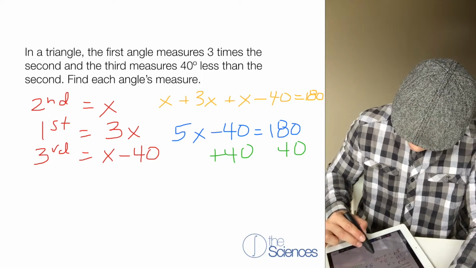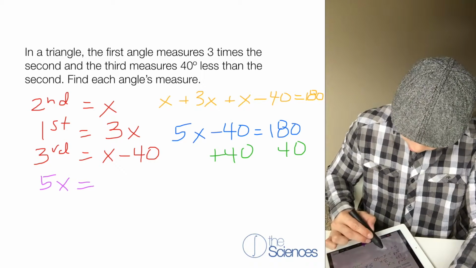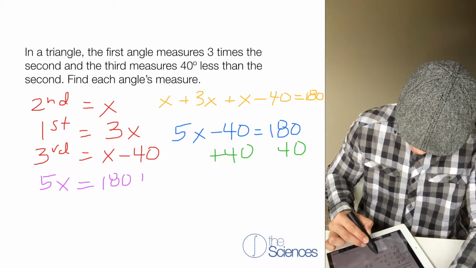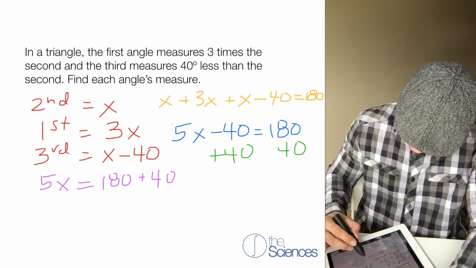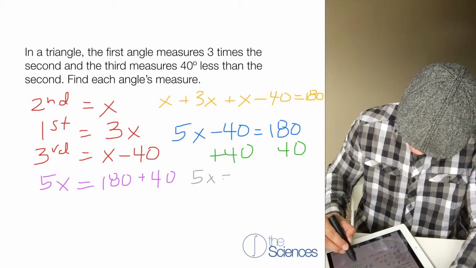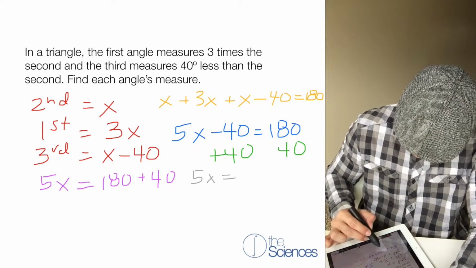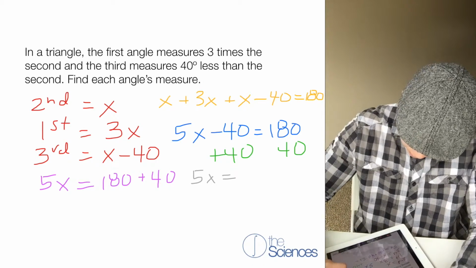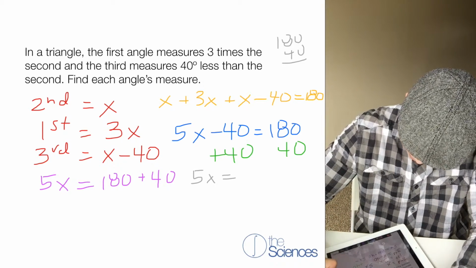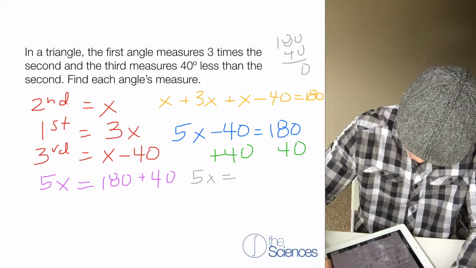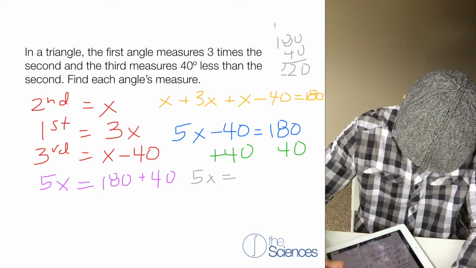So now we have 5x equals 180 plus 40, which is 220.